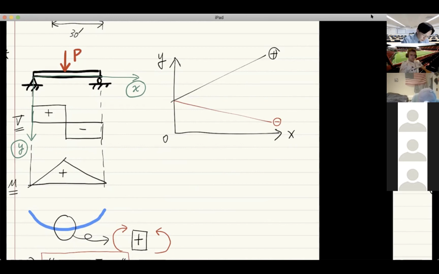That means the slope will keep increasing further and further. That is positive curvature. Why? Because the change of slope is positive. So that's why this should be positive.